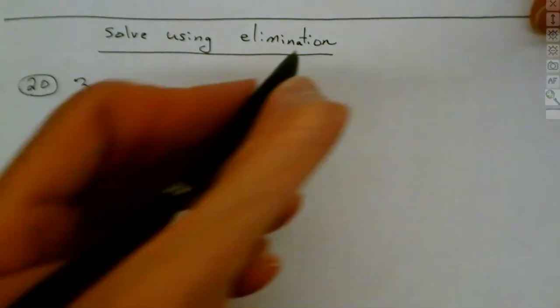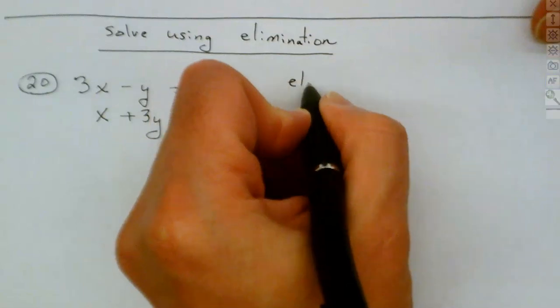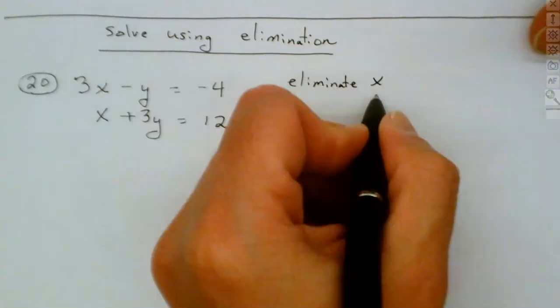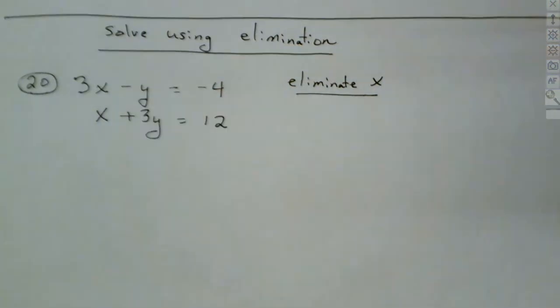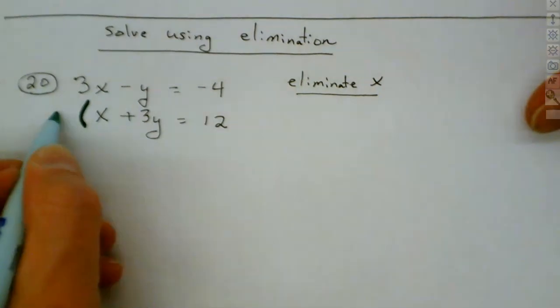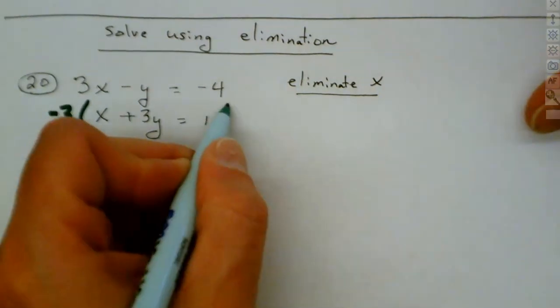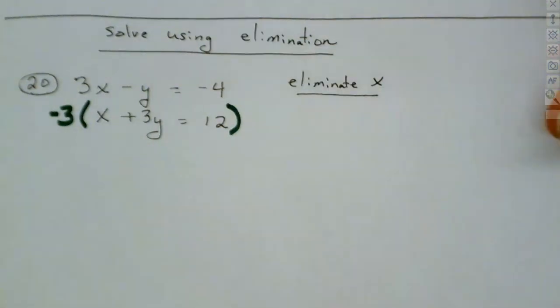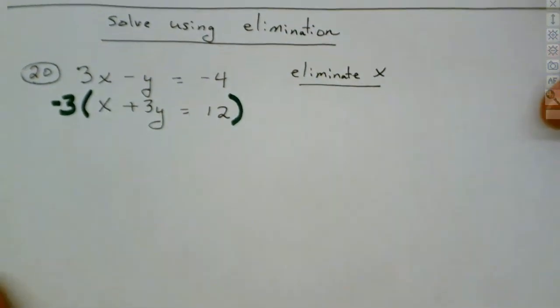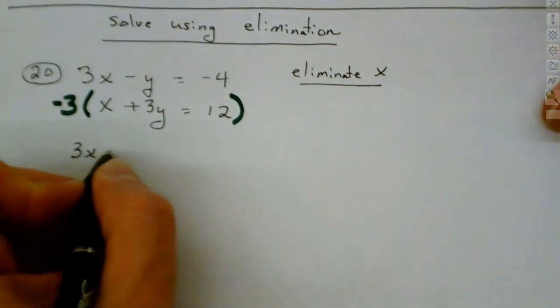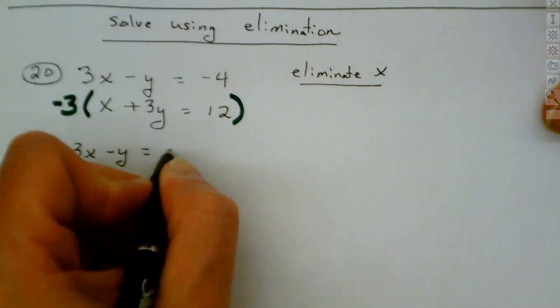Now let's take our equation and let's try to eliminate x. So I want to eliminate x. So how would I eliminate x? Well, I can take my second equation and I can multiply it by negative 3. Why would I do that? Well, when I multiply that second equation by a negative 3, the first equation just gets copied.